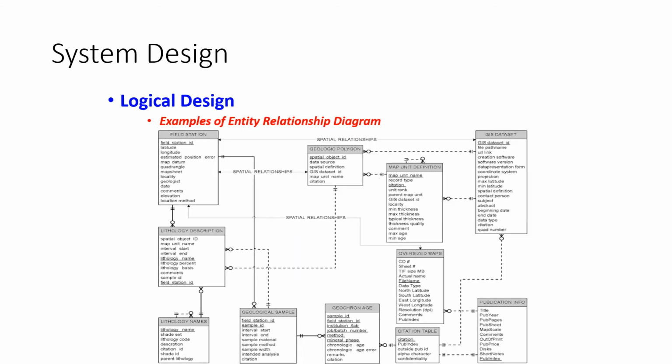My suggestion is, to begin with your design, first you have to identify your system requirements. What are the functions and what data will be involved? Then you identify the tables, the attributes, the relationships, and consult with your supervisor.